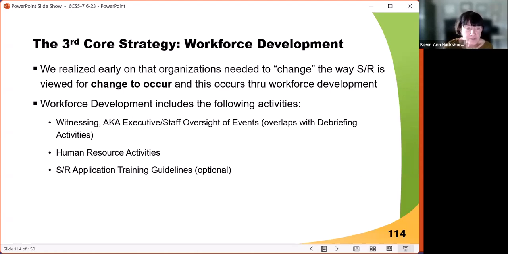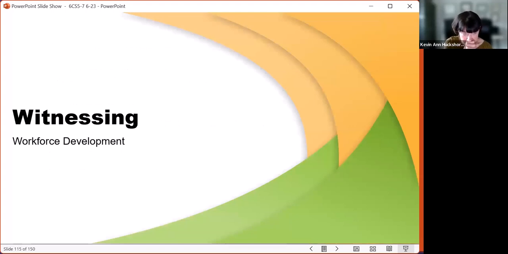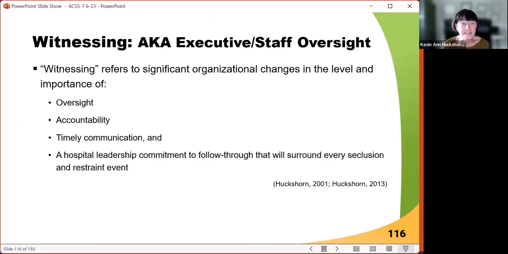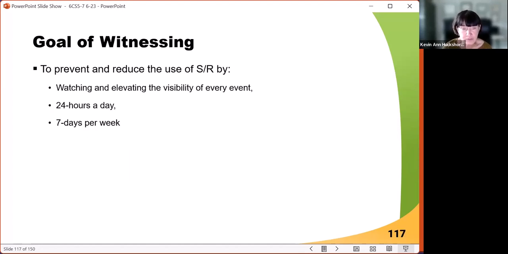So we developed these pieces in workforce development, which includes witnessing or staff oversight of events, human resource activities, and application training guidelines. Next slide. So we're going to go to witnessing. Witnessing in this case refers to organizational changes in the way we look at seclusion and restraint, the oversight of it, the accountability for it, timely communication about it, and a hospital leadership commitment to follow through after every seclusion and restraint event.